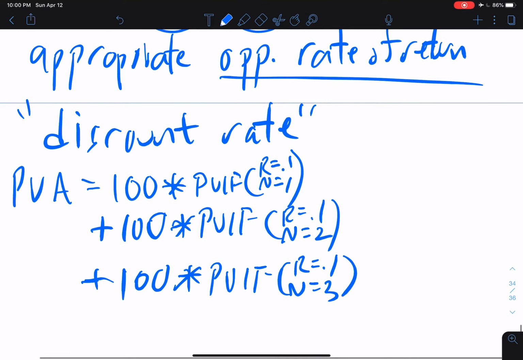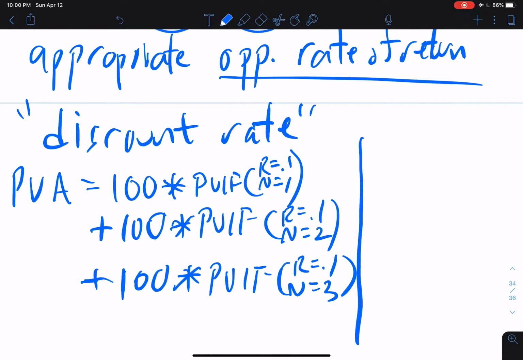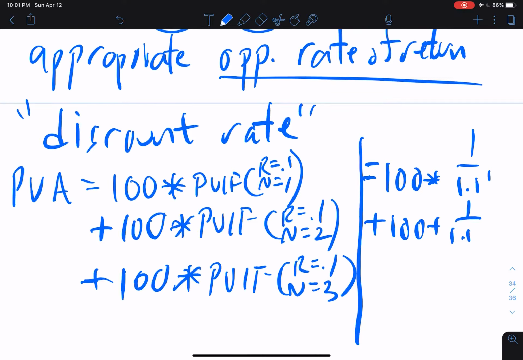So this would be written like this. It would be equals 100 times 1 over 1.1 to the first power plus 100 times 1 over 1.1 squared plus 100 times 1 over 1.1 cubed.